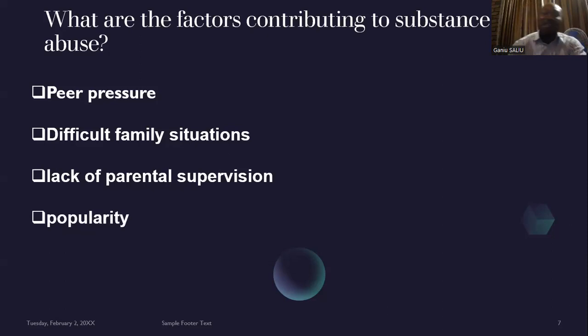Popularity. Who do you think will be facing this kind of problem? The musicians, the actors. Do you know why? Some of them are very shy. They can't even speak publicly except they go under the influence of something. Take a look in Africa.